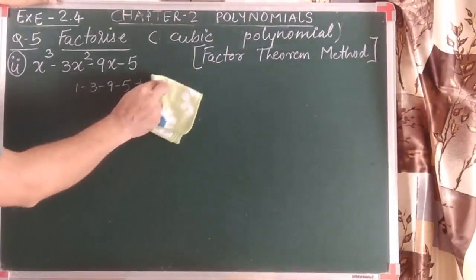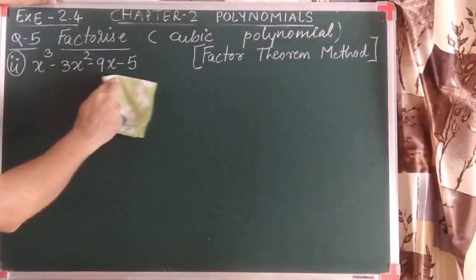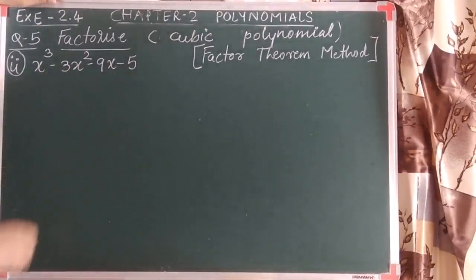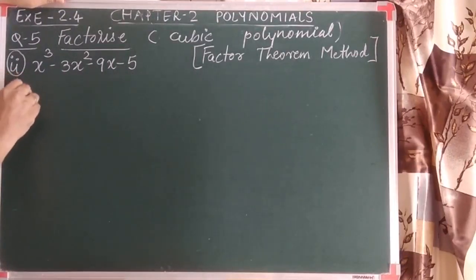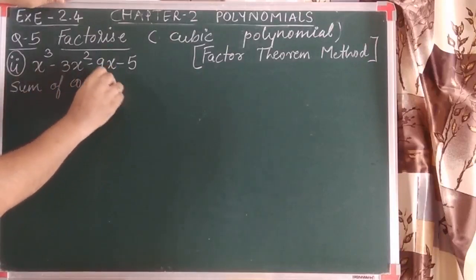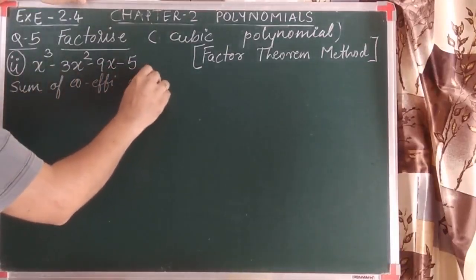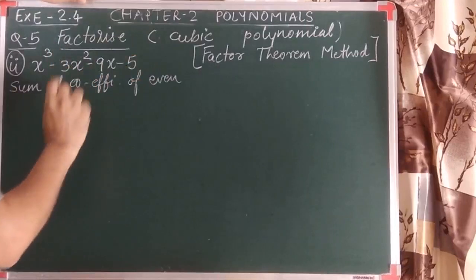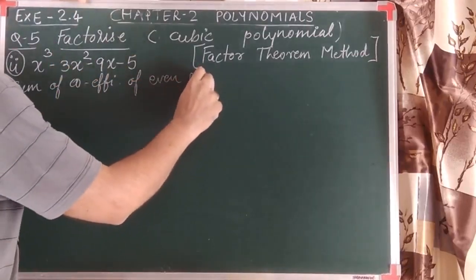तो अब क्या करेंगे? When we obtain that x minus 1 is not a factor, मतलब जब sum of the coefficients 0 नहीं आ रहा, let's go for the second option. So let's do the sum of coefficients of even power, that we checked in the first question.